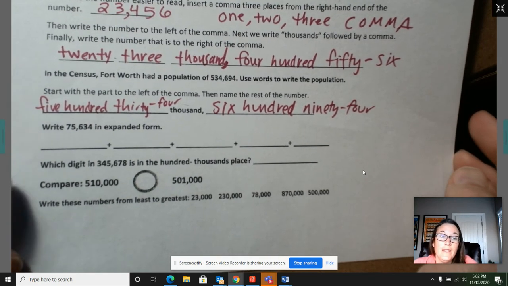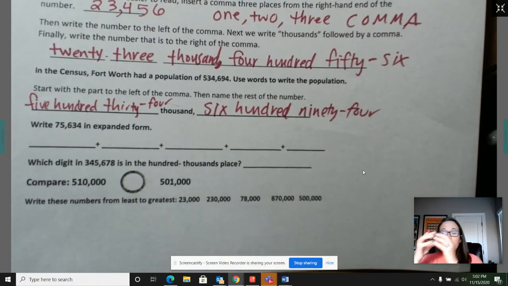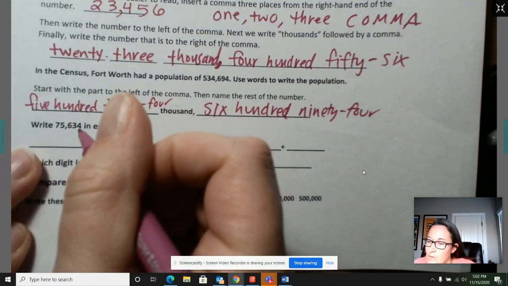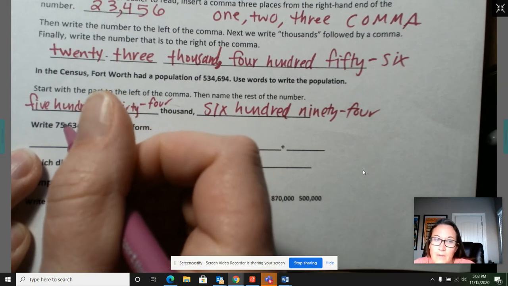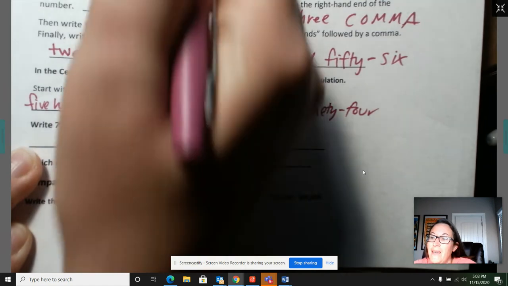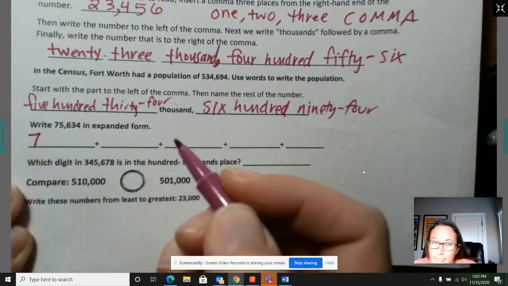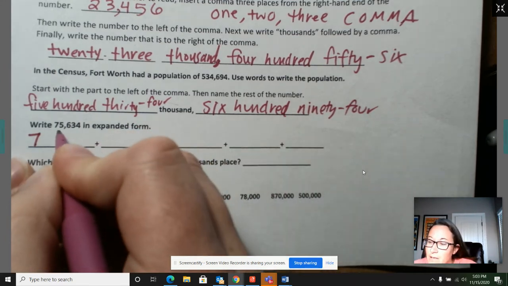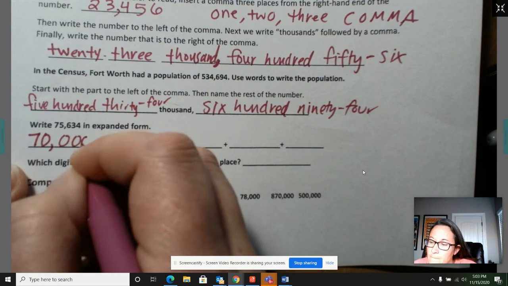Write this long number in expanded form. Remember, expanded is when we're stretching it out, so we're making that big old number sentence with this. All right, so I'm going to look. I have a 7. What place is that in? Let me see. So ones, tens, hundreds. We know that one's thousands, so that's 10,000. All right, so I need a 7. And it's in the 10,000 place, so that should be 1 0 there, and then the 3 zeros.